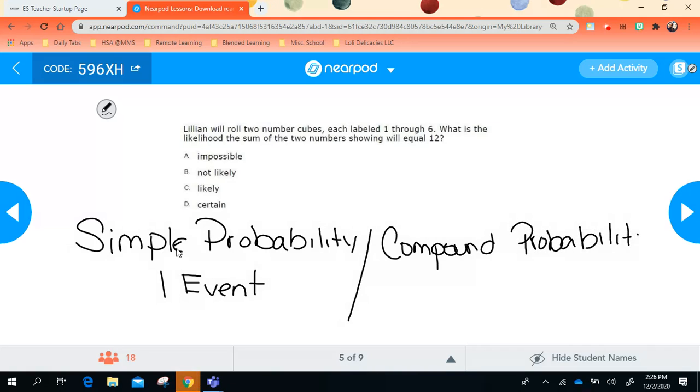So for example, maybe I'm rolling two number cubes, or I'm rolling one number cube and I'm spinning one spinner.